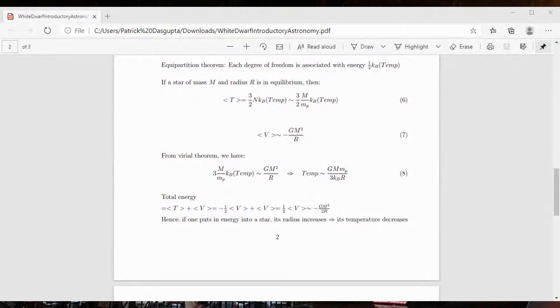Only if you try to say that the electron is confined within one Fermi, there is a problem. Why? Because within one Fermi, if you try to localize the electron, the uncertainty in the momentum will be so large that the corresponding energy will be so huge that electrostatic force will not be able to keep the electron in the nuclear region.